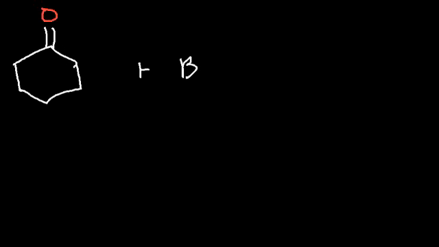Let's begin with cyclohexanone, and let's add sodium borohydride to it. In this structure, boron is attached to 4 hydrogen atoms, and boron has a negative formal charge, which is different than partial charge. Now, hydrogen is actually more electronegative than boron.